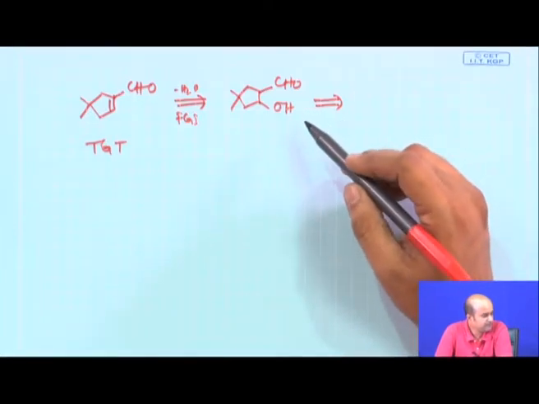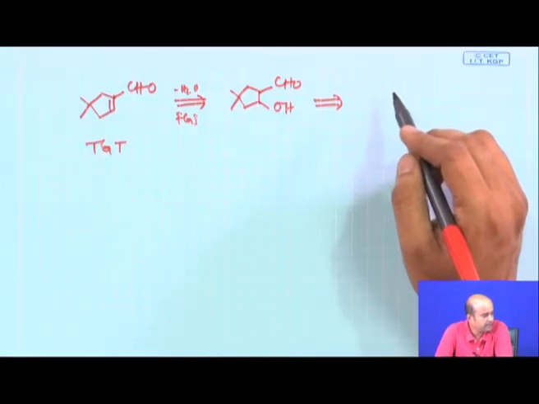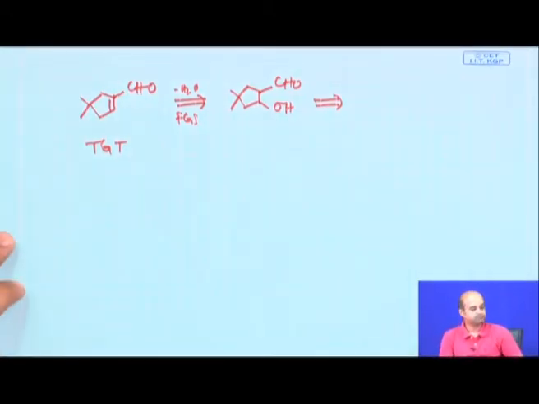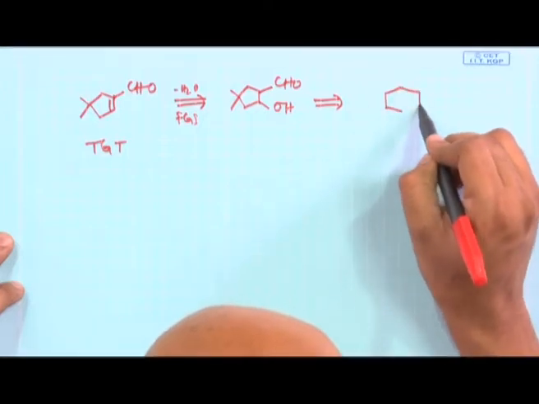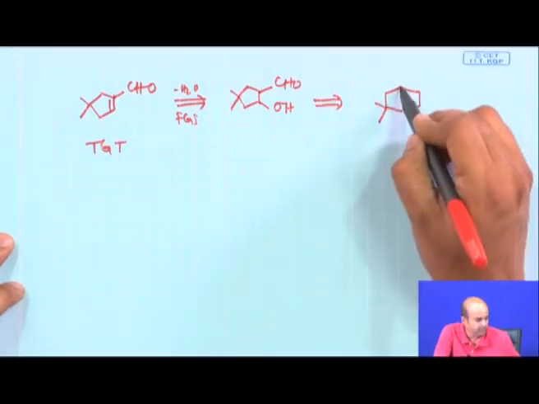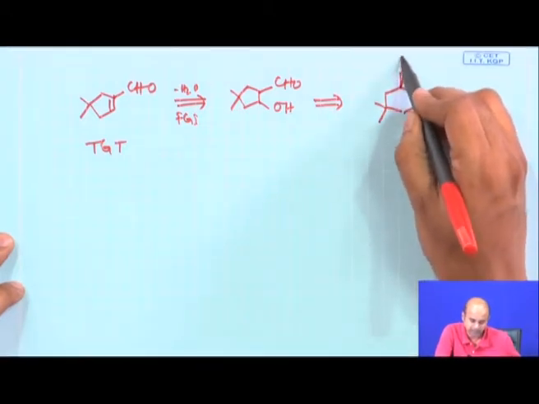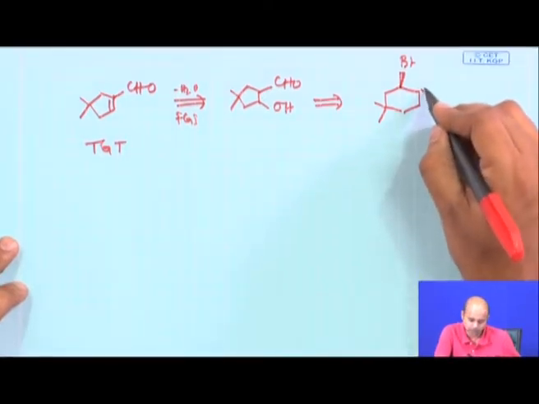And eventually, this hydroxyaldehyde probably you have to prepare in a different way, but the transformation which I am now going to talk to you about is a very unique transformation, and I am sure it is not known to many of you.